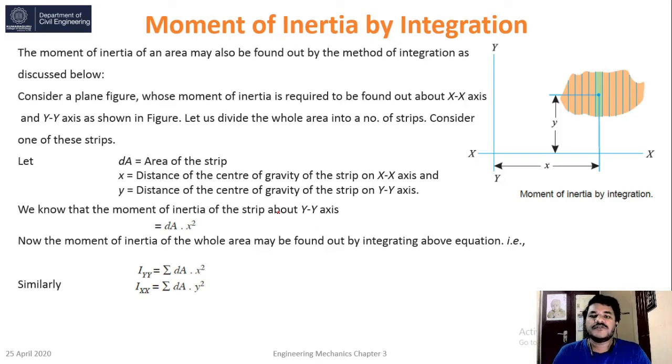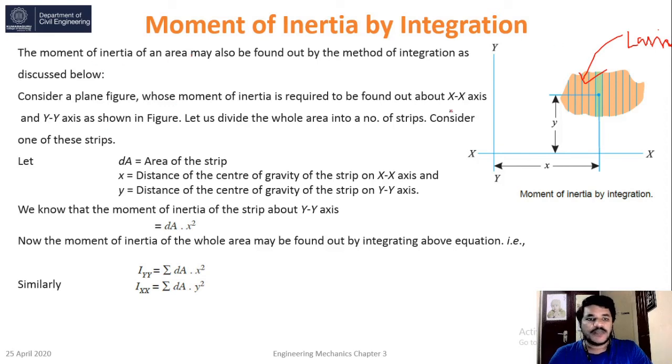Okay, next we will move into the moment of inertia by the integration method. So it is a very popular method. Now you can consider this irregular lamina. The moment of inertia of any area may also be found out by the method of integration as discussed below.